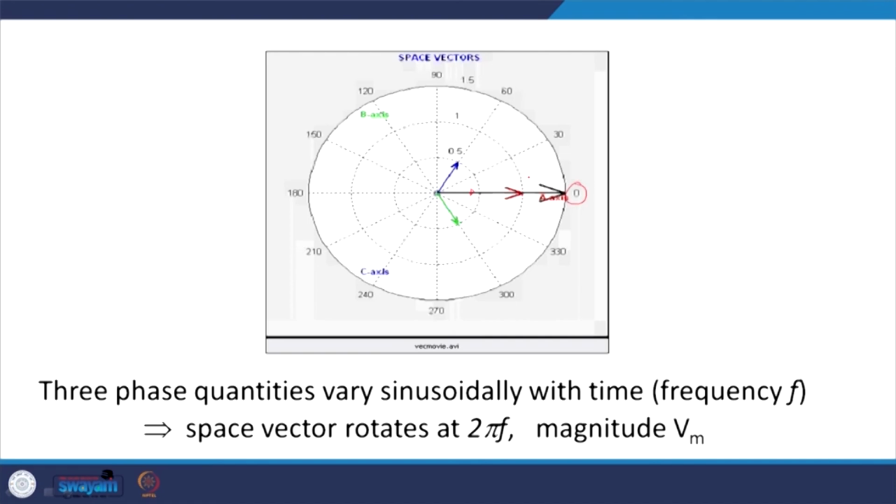So, this is a 3 phase quantity and it will vary in this phase plane. The 3 phase quantity varies sinusoidally with the time frequency f, and the space vector rotates at a speed of omega, that is equal to 2 pi into f, and having a magnitude of the modulation index Vm. I am coming to the magnitude of it.